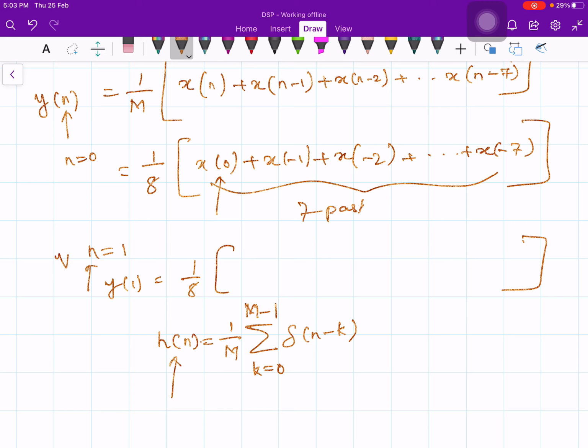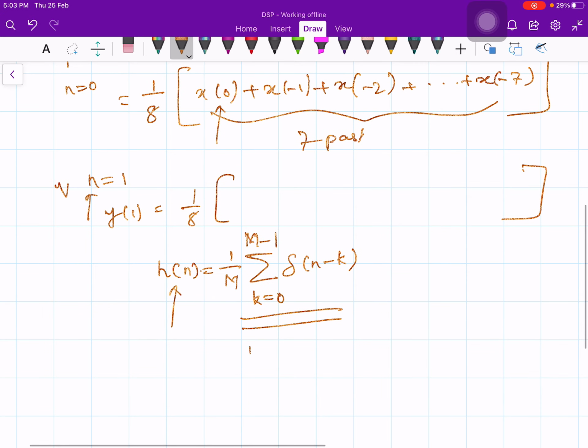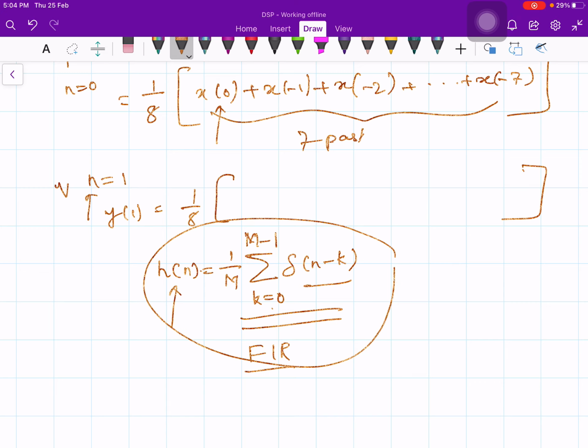Since your impulse response has a finite number of samples, the system is an FIR system, a finite impulse response system, because the summation is up to a finite number, capital M minus 1. If the upper limit is infinity, then you can say infinite impulse response system.